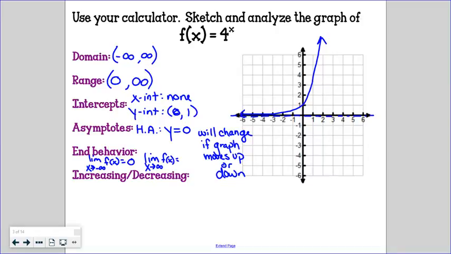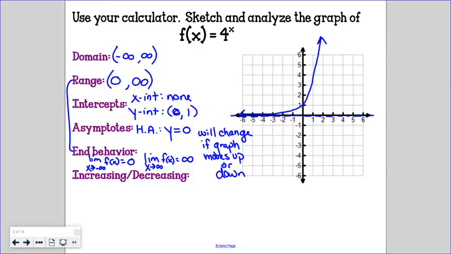As I follow the right-hand side of my graph, it's going up. So the right-hand side's end behavior is infinity. Now, is it coincidence that that matches my range? No. The order does not have to match, but there is a direct tie between your range and your end behavior. One side should be one part of your range, the other side should match the other part of your range.